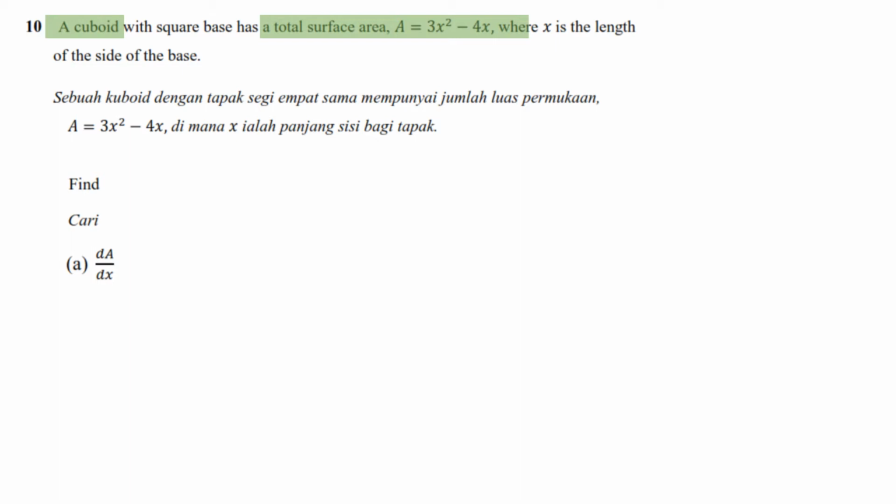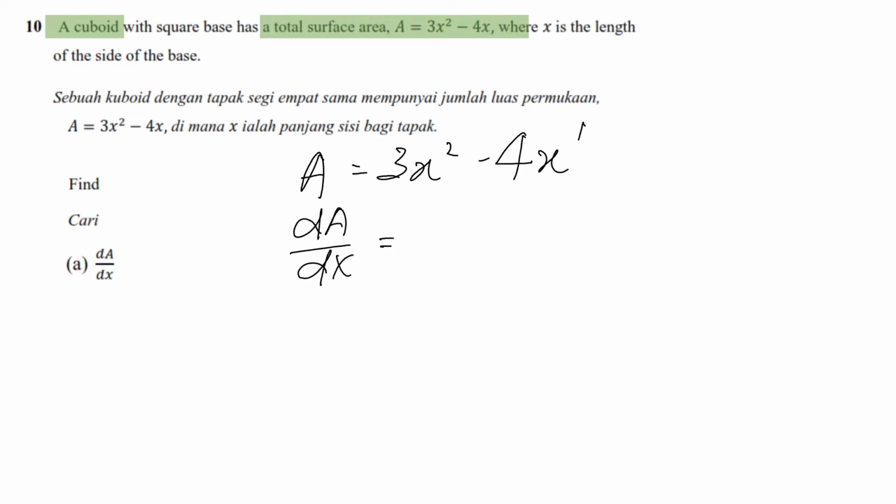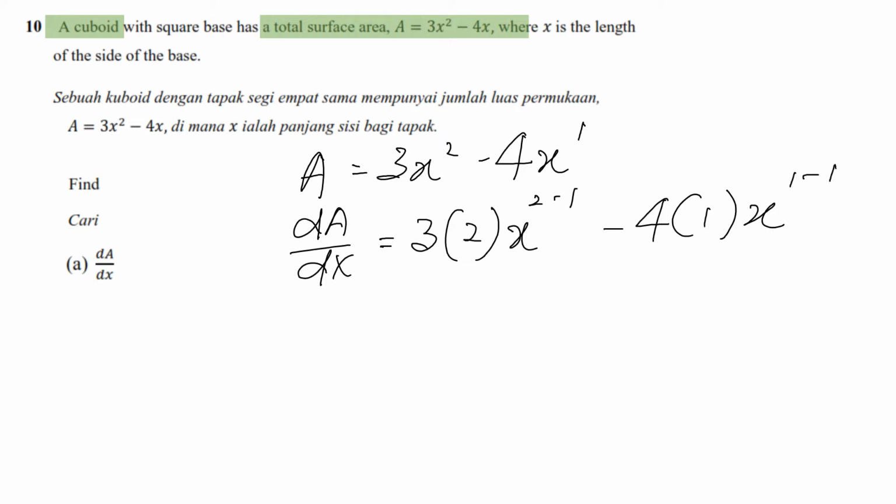Given A as 3x to the power of 2 minus 4x to the power of 1. So dA/dx is written as 3 times 2 x to the power of 2 minus 1, minus 4 times 1 x to the power of 1 minus 1.